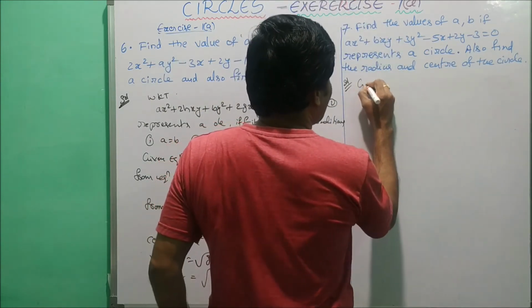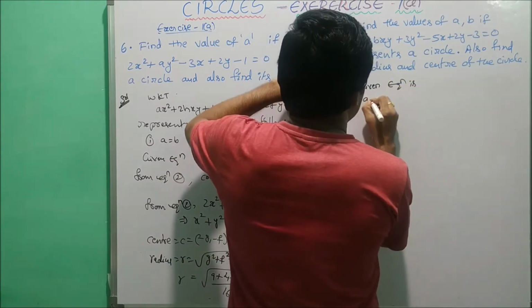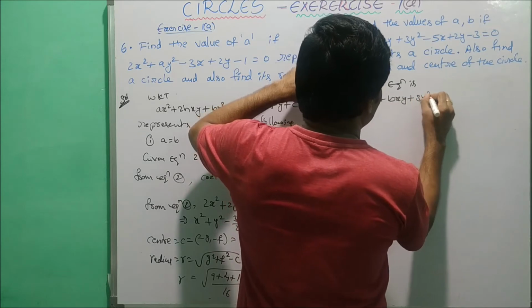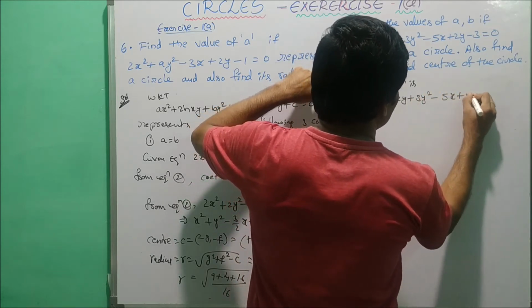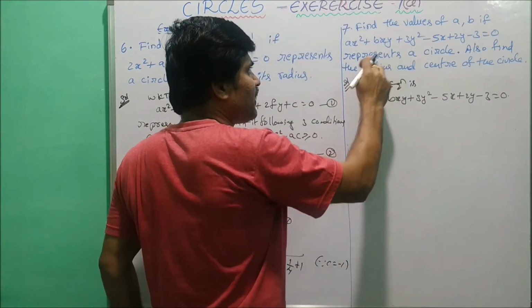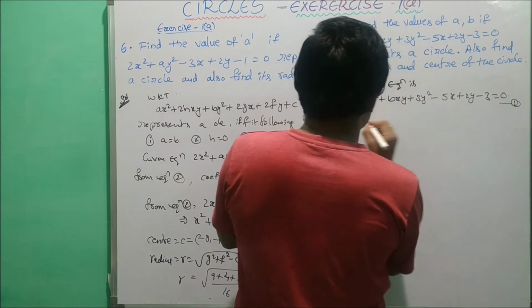In this given equation, ax² + bxy + 3y² − 5x + 2y − 3 = 0, which is equation 1.